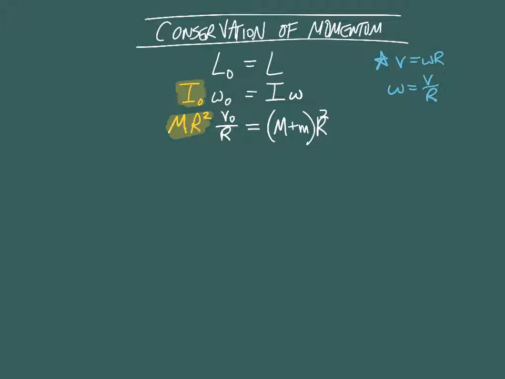And that would be v over r, because it's the final speed, etc. I need to write my squared term a little better here. Slightly better. So now we've conserved the momentum.